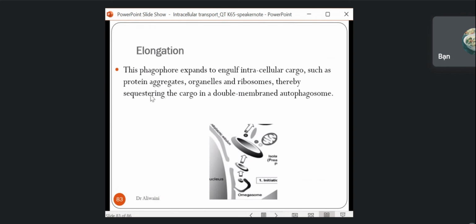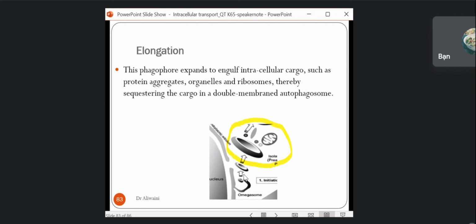The next stage is the elongation. This phagophore expands to engulf intracellular cargo such as protein aggregates or organelles, ribosomes, mitochondria, thereby sequestering the cargo into a double membrane autophagosome. So in the second stage, the elongation, they will make the autophagosome.